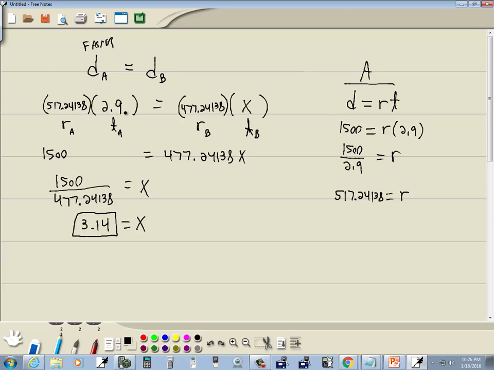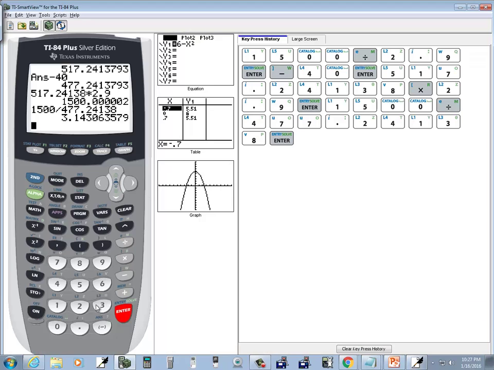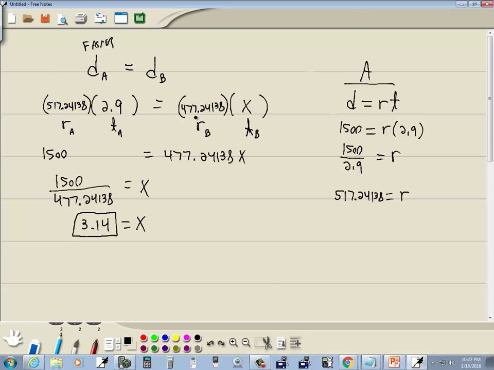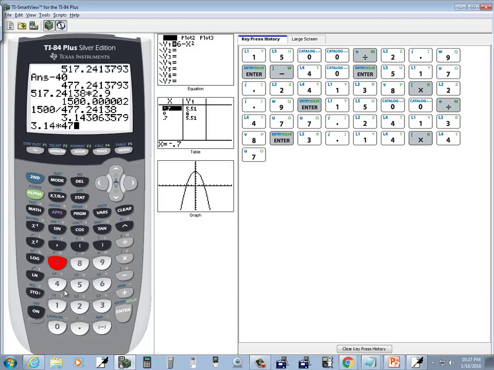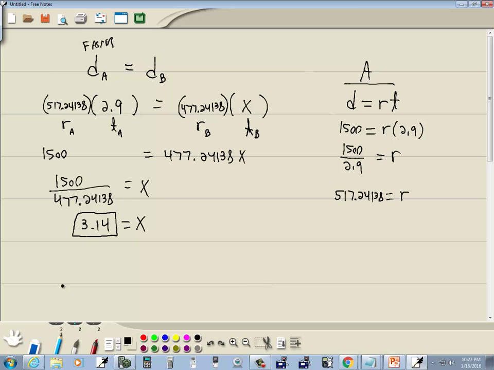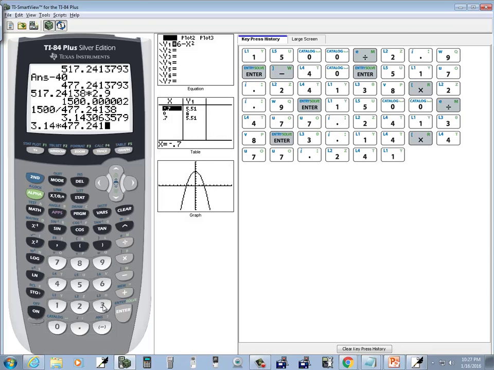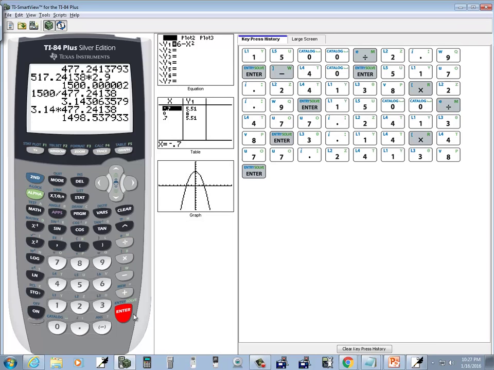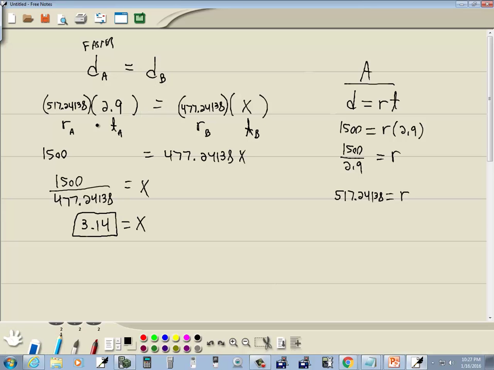This one took 2.9 hours to make the trip. This one would take 3.14 hours. And if I were to plug that back in here and multiply it times this, with the exception of the rounding issues, because I'm taking this to 2 decimal places, 3.14 times 477.24138 should give us really close to 1500, and you see it does. 1498.54, 2 decimal places.